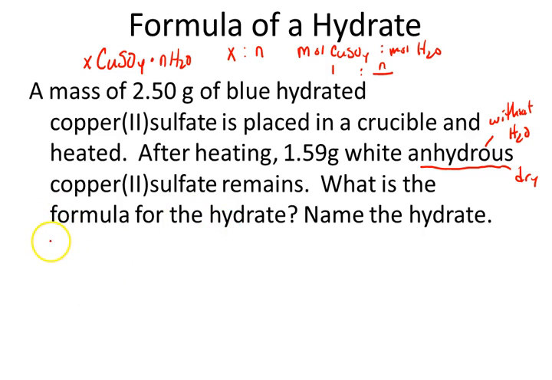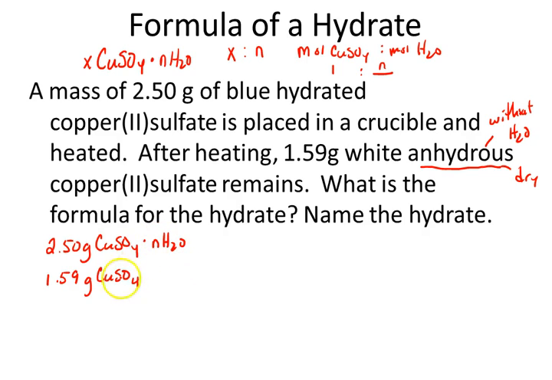So we've got 2.50 grams CuSO4 dot N H2O. We heat it. After heating it, we end up with 1.59 grams of CuSO4, no water. That's the anhydrous.